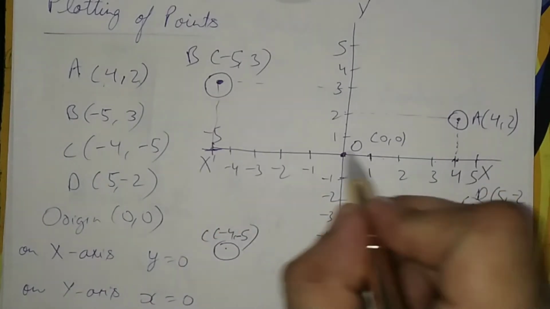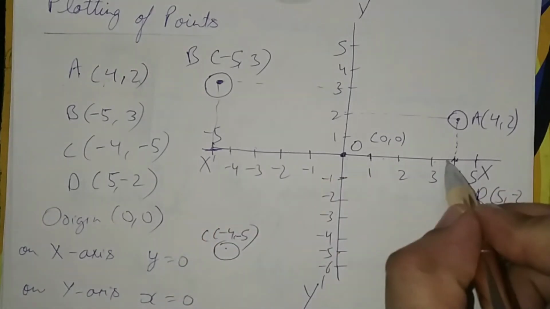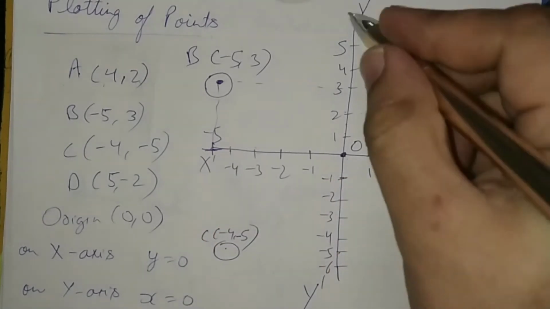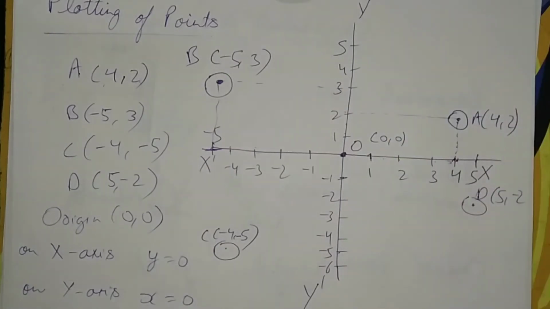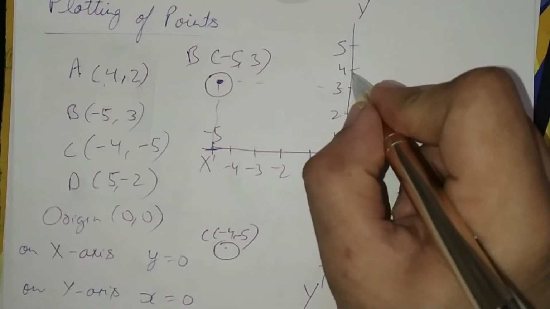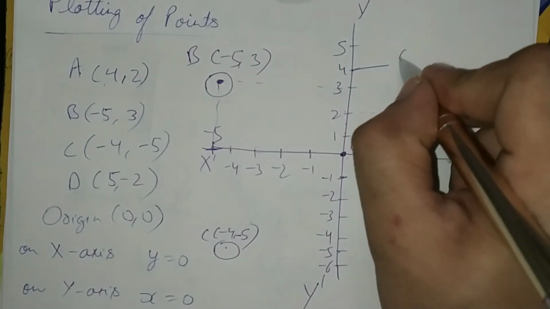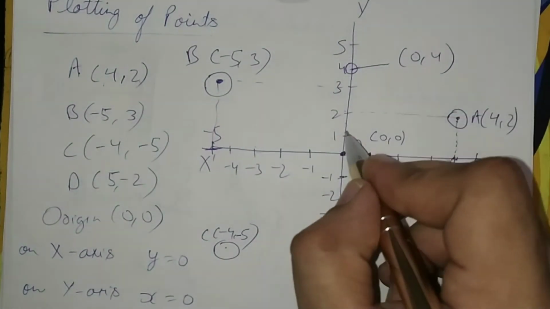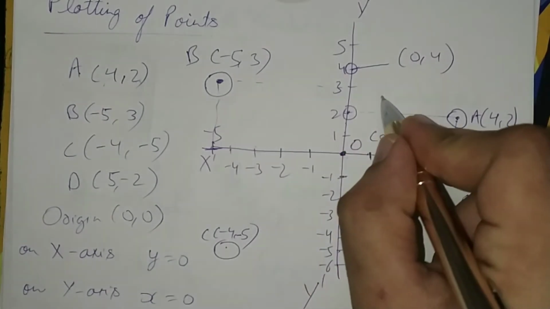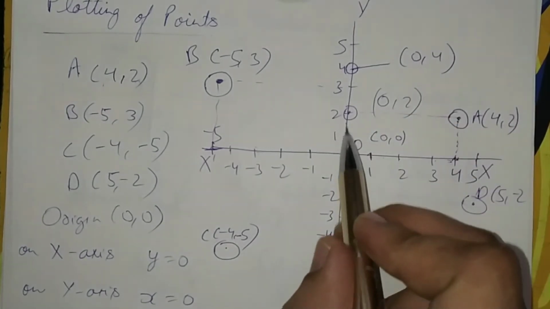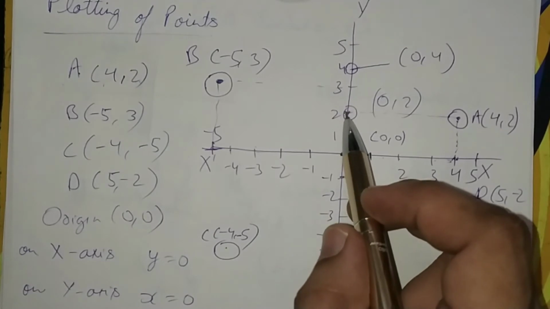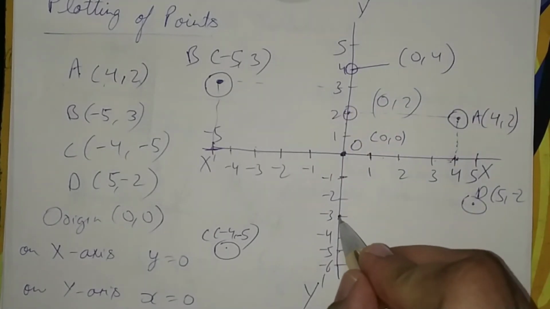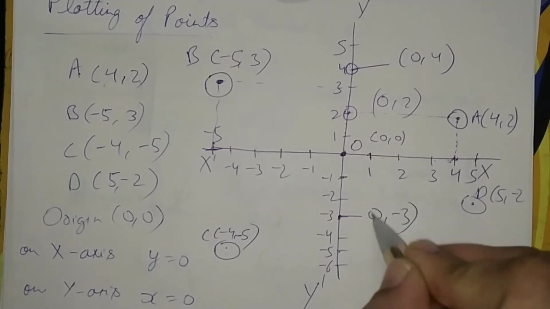This is your x-axis. On the x-axis your y coordinate is always 0. On the y-axis your x is always 0. If I talk about this point, what will its coordinates be? 0 comma 4. This particular point is 0 comma 2, because x is 0, y is 2. Here x is 0, y is 4. This point is 0 comma minus 3.